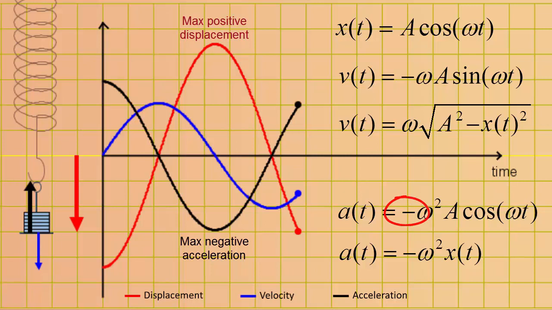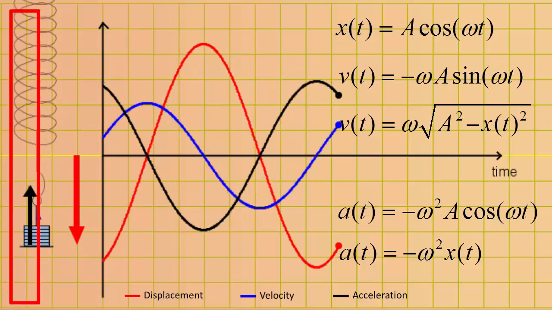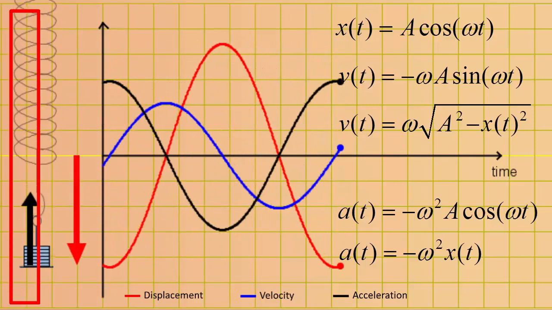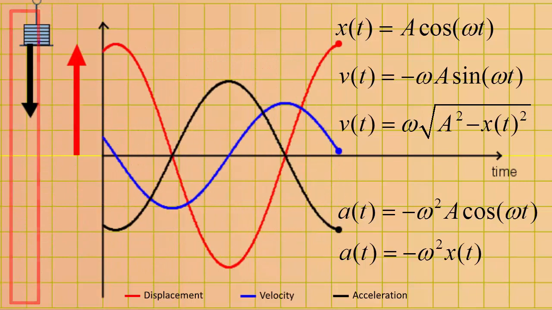So acceleration is a maximum when displacement is a maximum, and acceleration is zero when displacement is zero. But the acceleration vector, shown in the black arrow, always points in the opposite direction as the displacement vector. The acceleration vector always points towards equilibrium, while the displacement vector always points away.